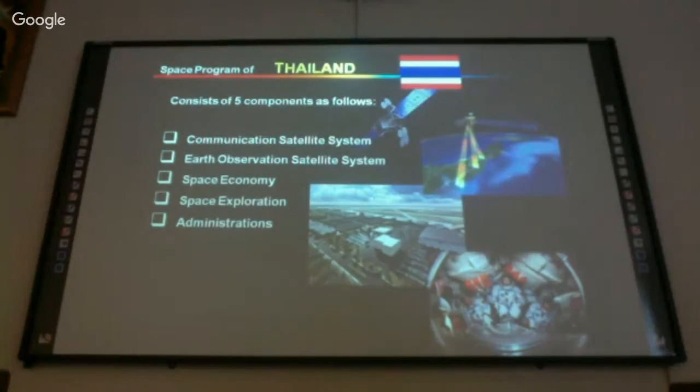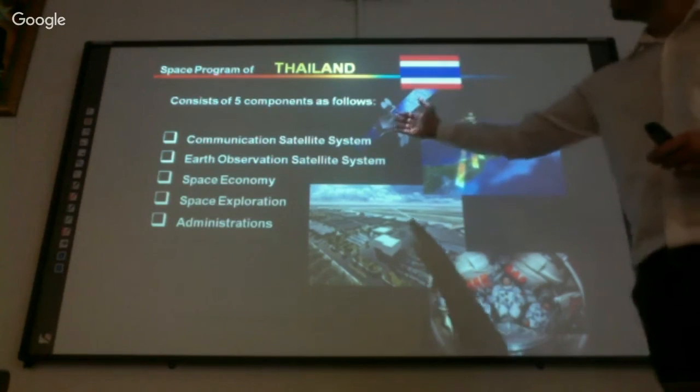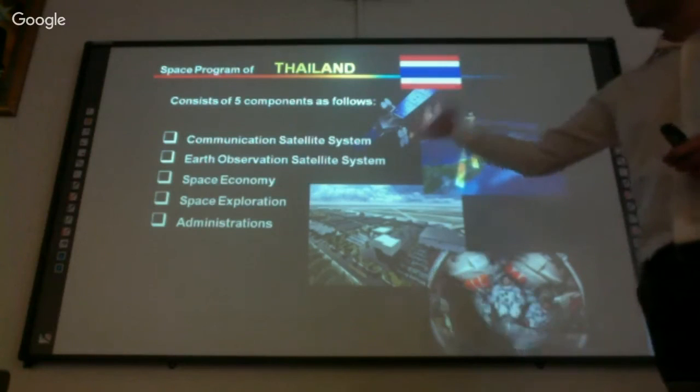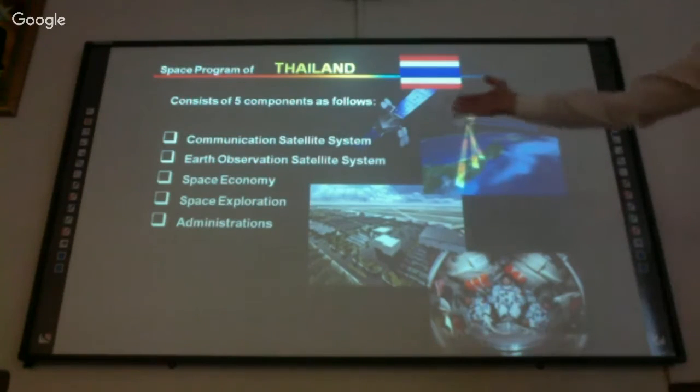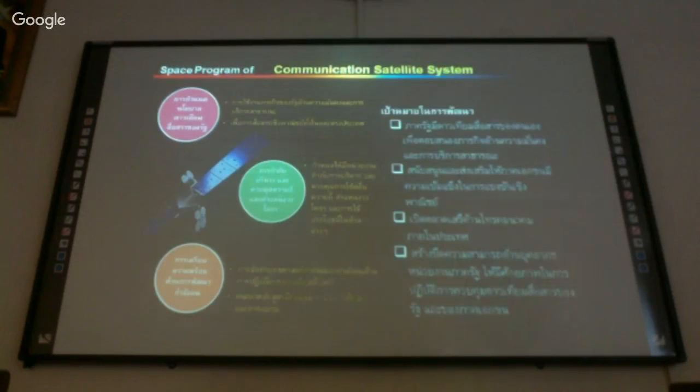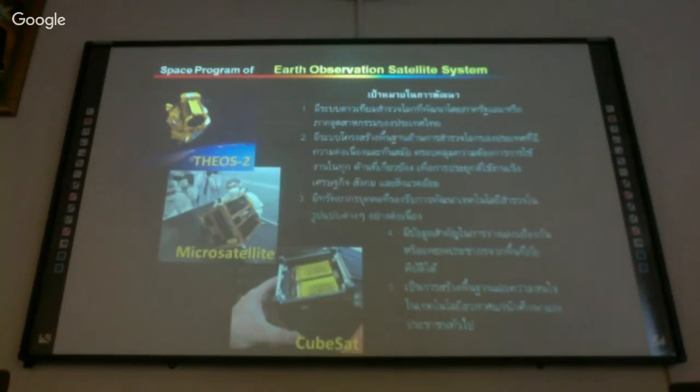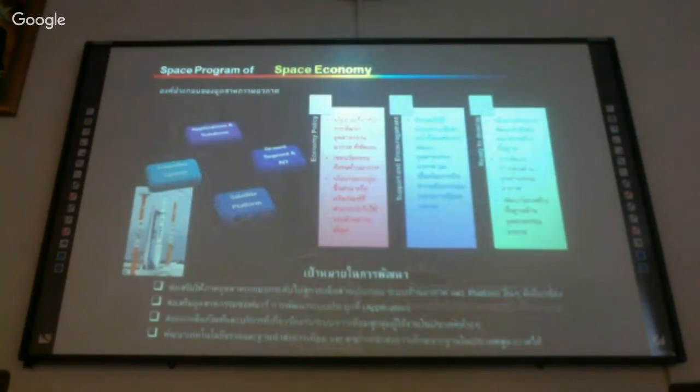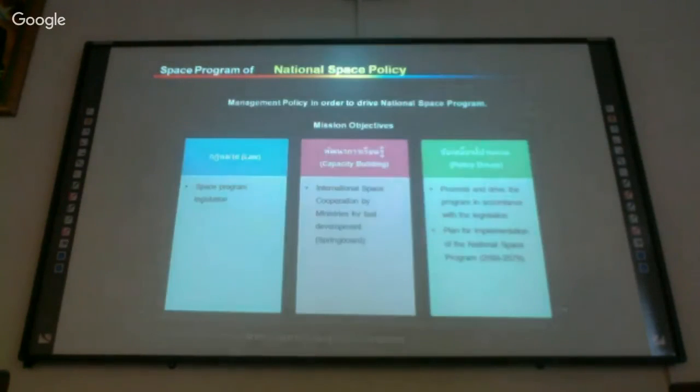We aim to have five components for the space program: communication, satellite system, Earth observation, and space economics. It's very important for space exploration and administration, like NASA, something like that. Earth observation, space economy, and space operations.